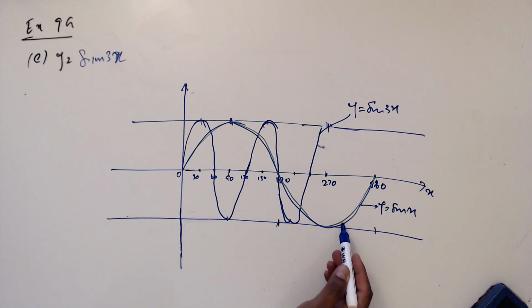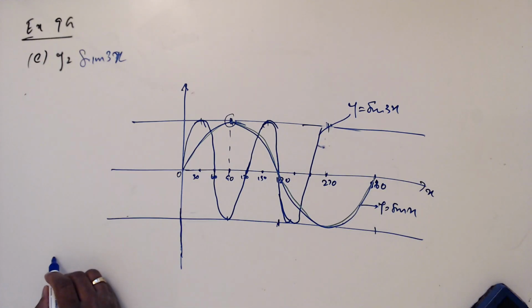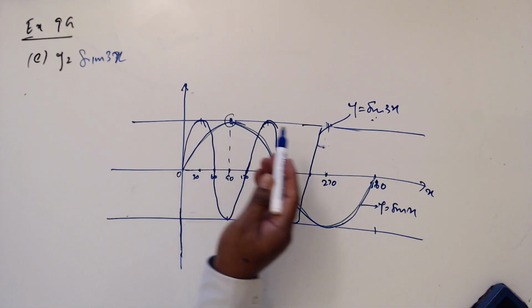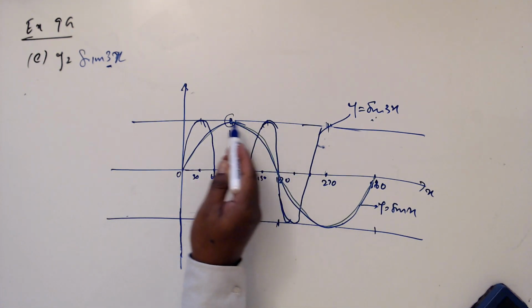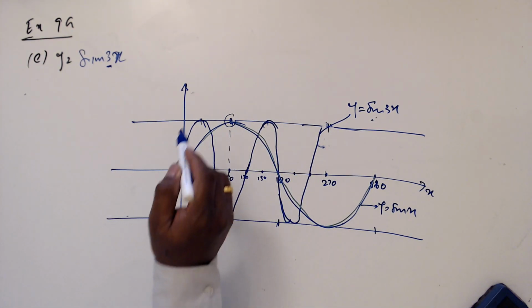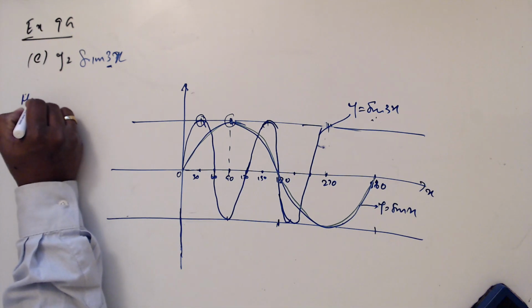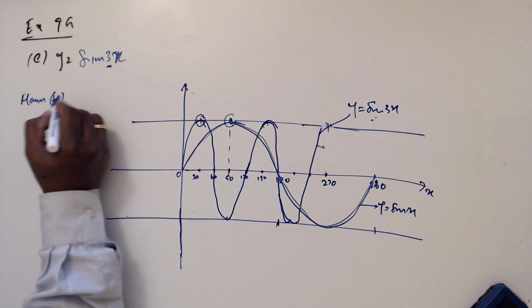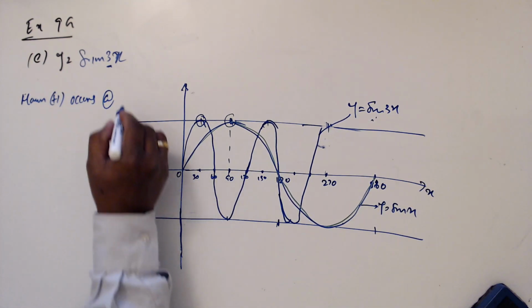In a sine graph, the maximum occurs at 90. But in the sin 3x graph, that occurs 3 times faster, at 30. So maximum, what is the value? Plus 1 occurs at plus 30.